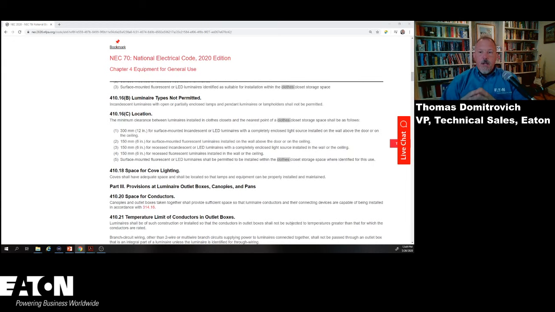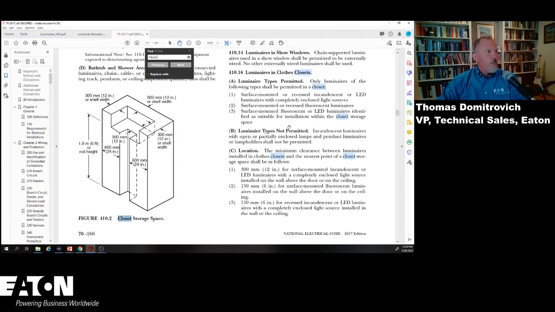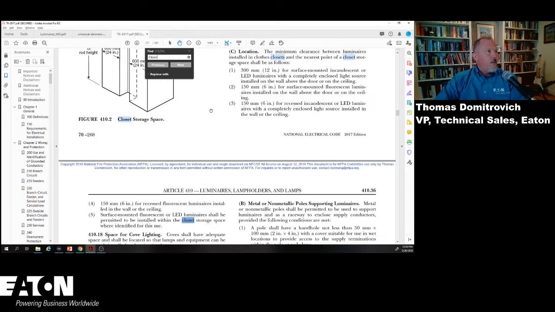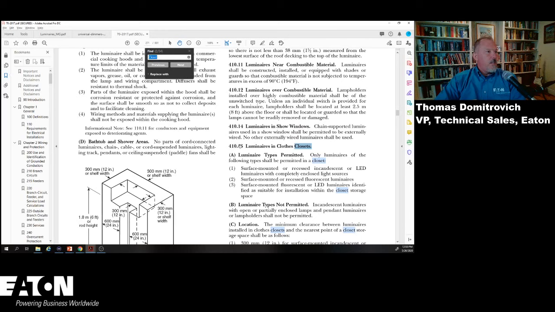So let's just continue our journey through the code for closet. Let's get out of 410.16 to see, are there any other areas where we use that term? 410.16, luminaire. Okay, we already went over that.